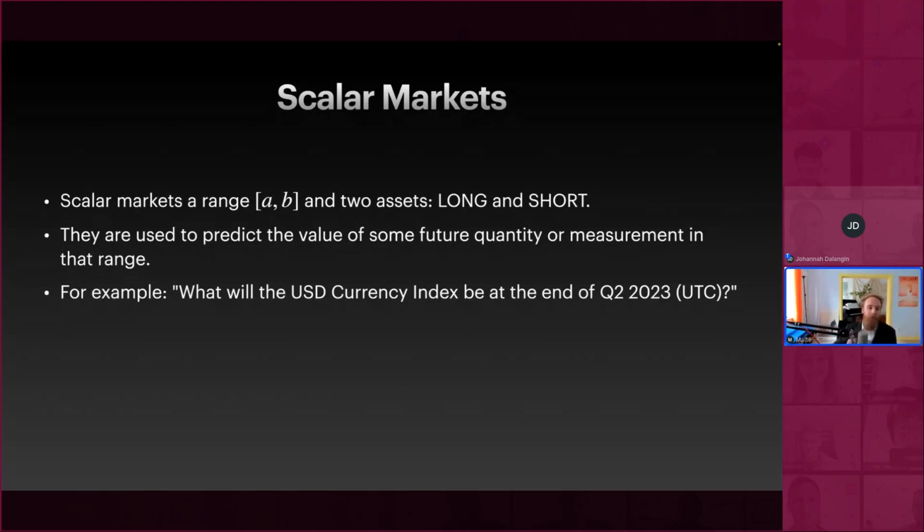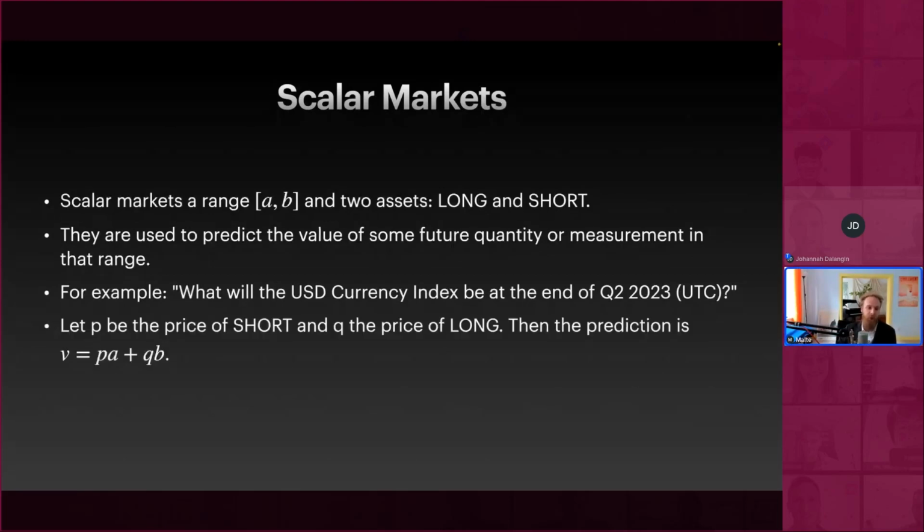And now the exact math is as follows. If P is the price of short and Q is the price of long, then the prediction is P times A plus Q times B. And again, you can see this here, right?